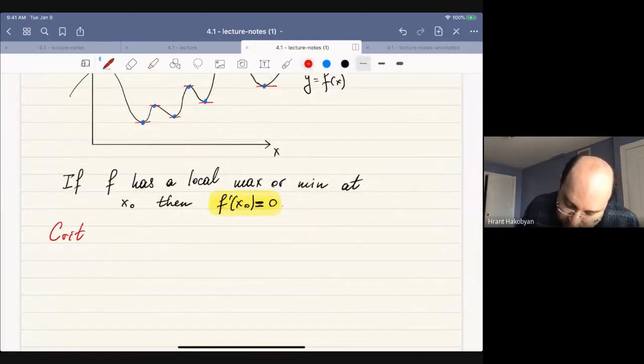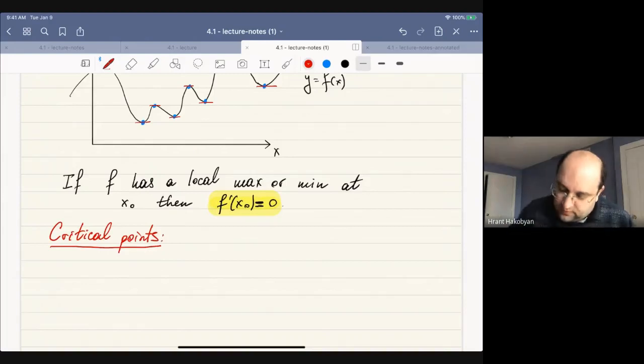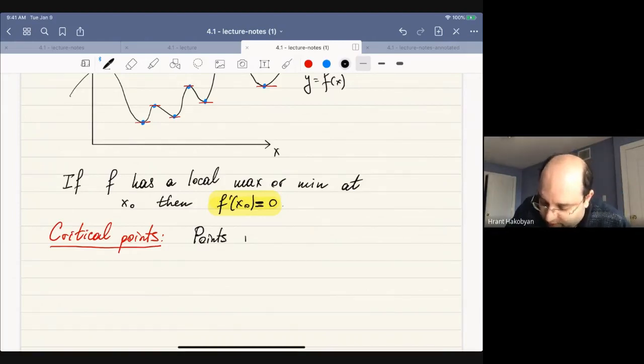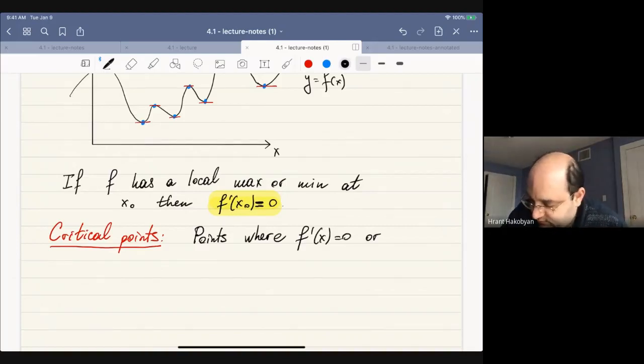Critical points are the points where f prime is equal to 0 or does not exist.